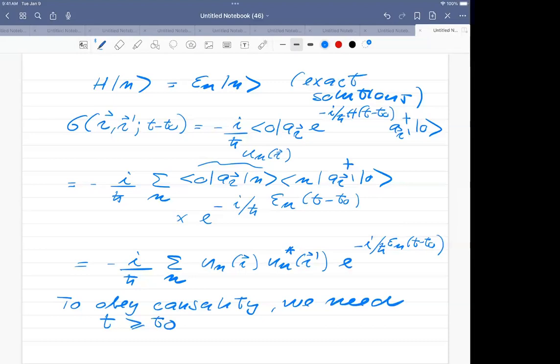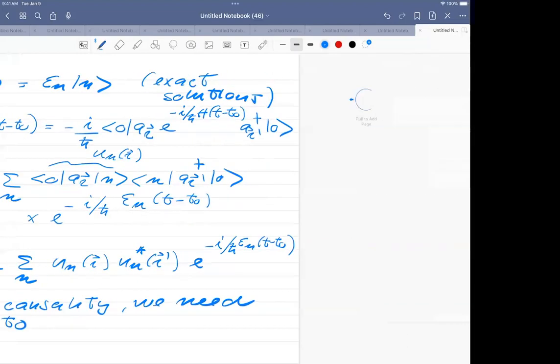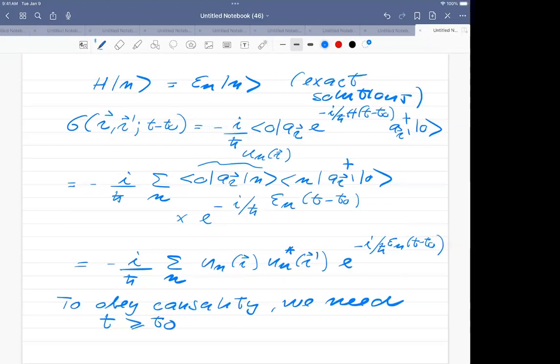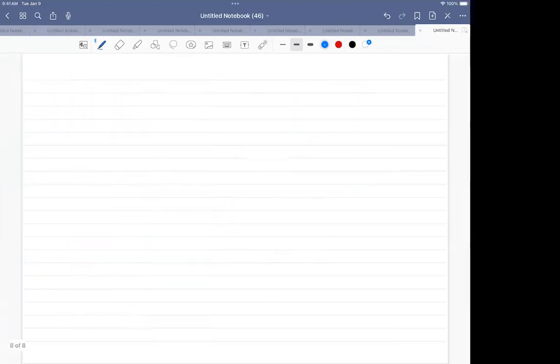So one way to actually introduce this time causality, to include causality, is a practical way of doing that is to introduce a theta function.